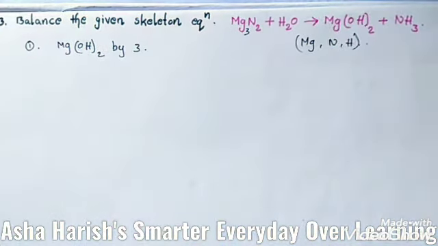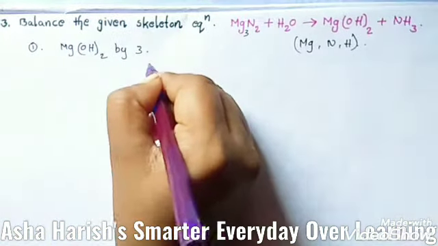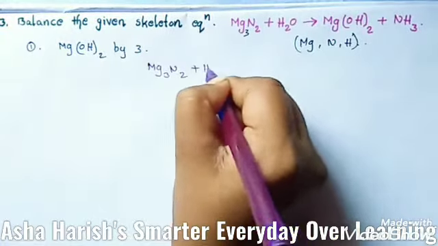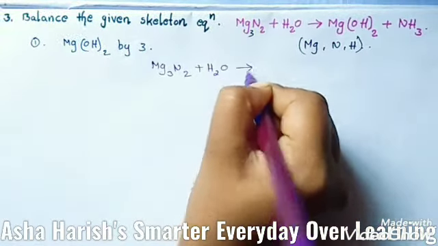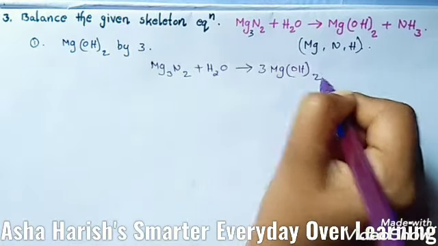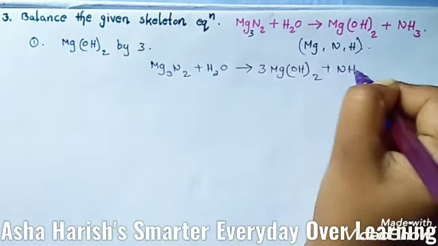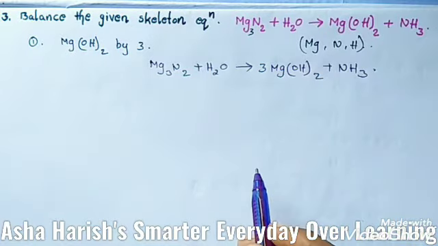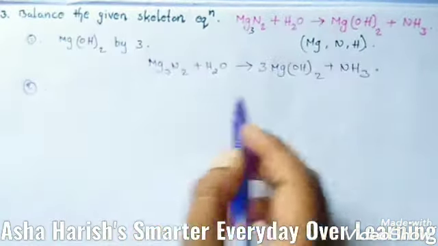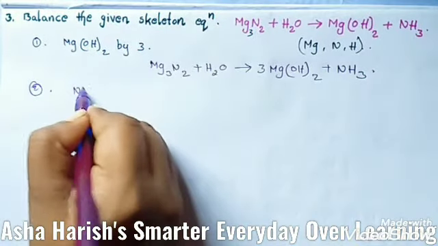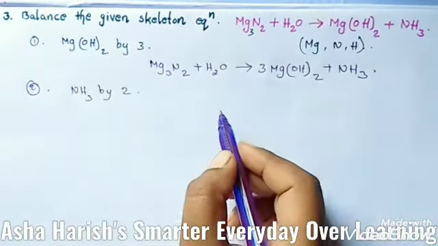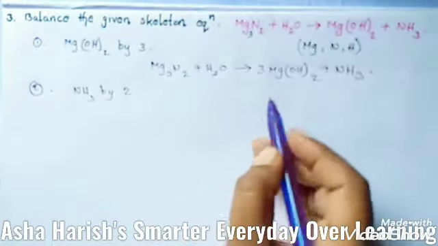Now we should get Mg3N2 plus H2O gives rise to 3 Mg(OH)2 plus NH3. This is the first step. Coming to step number 2, to balance the nitrogen atoms, multiply NH3 by 2 on the RHS.